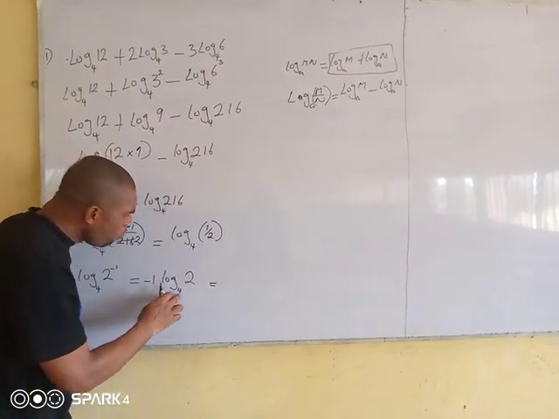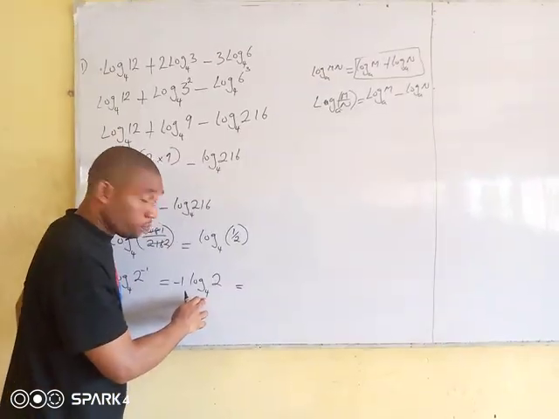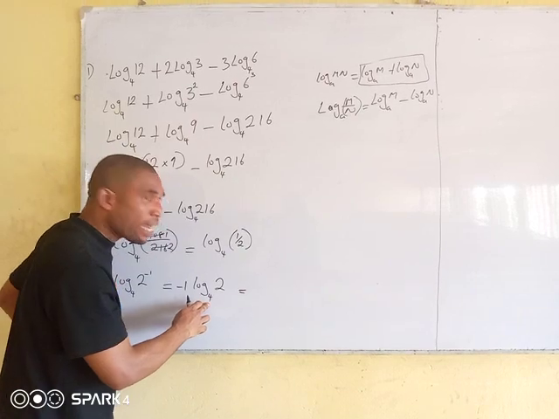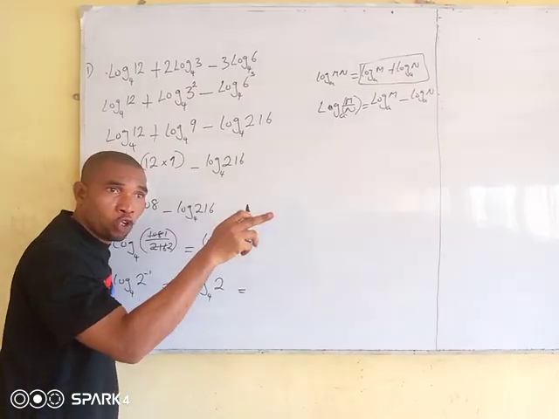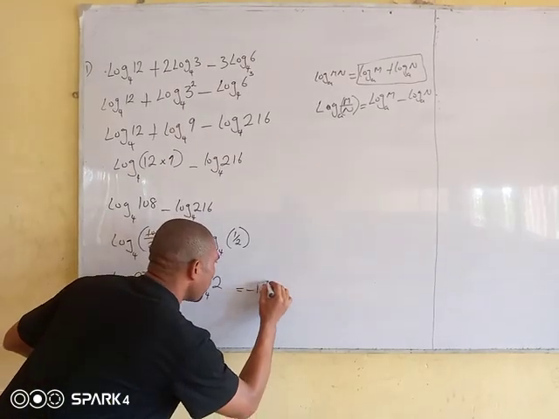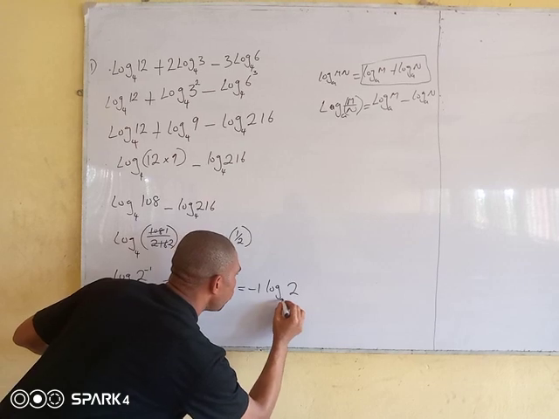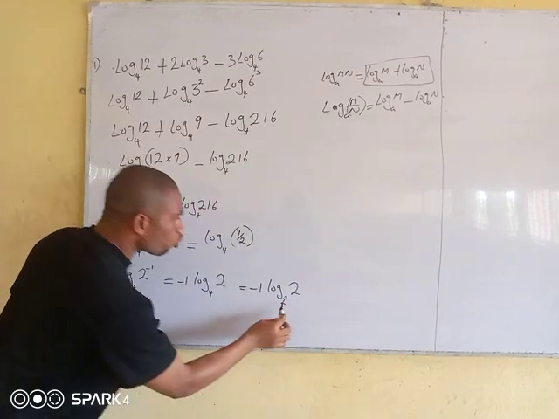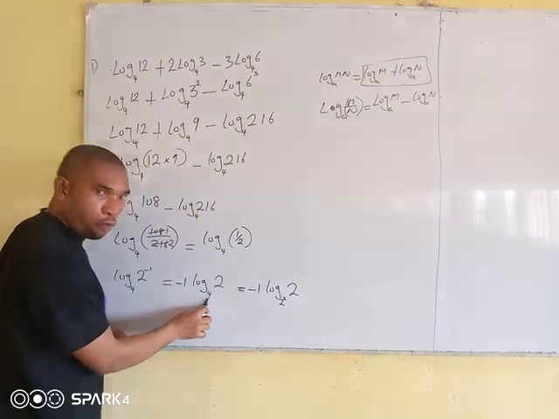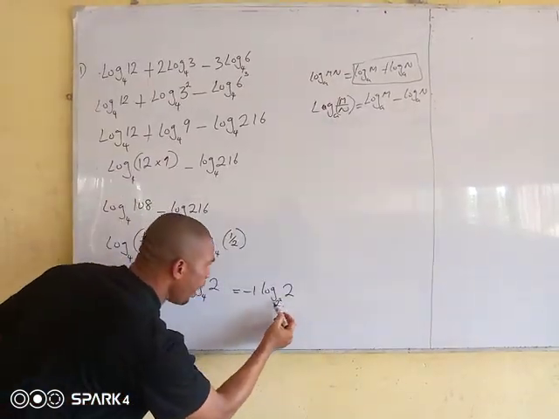Now I want to make this base attain base 2 so that I will have the logarithm of a number to the same base equal to 1, meaning I'm going to have minus 1 log 2 base 2 raised to the power 2, because 2 raised to the power 2 is 4. Now let's forge ahead. Now there is a law that is binding.